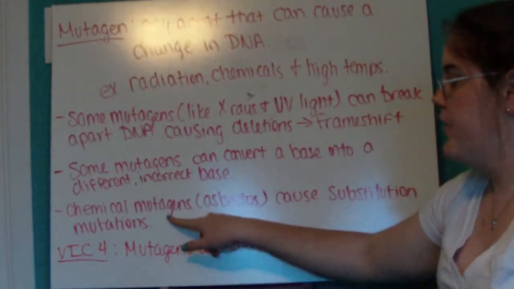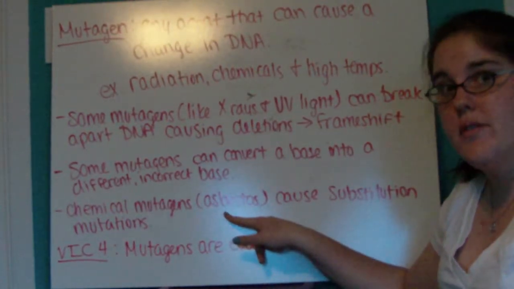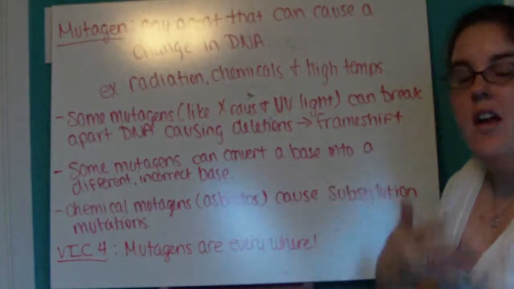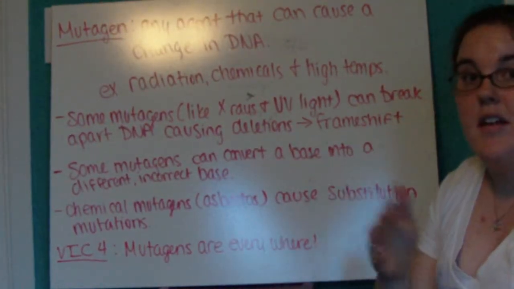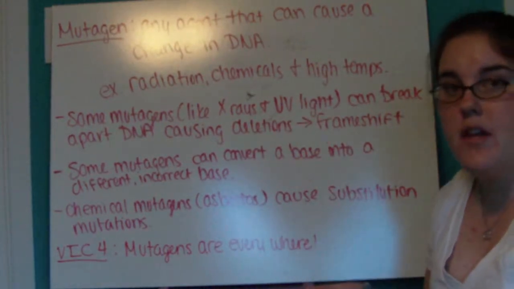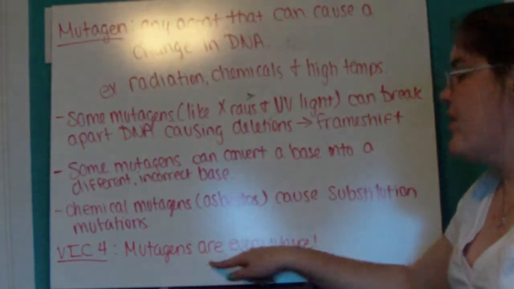Chemical mutagens, for example, like asbestos, you've probably heard a lot about asbestos being in the walls of certain buildings, cause substitution mutations. So again, just changing that from maybe a T to a G would cause a completely different reading in those nitrogenous bases. Vic number 4, mutagens are everywhere.